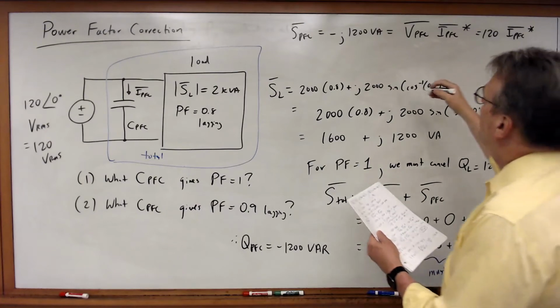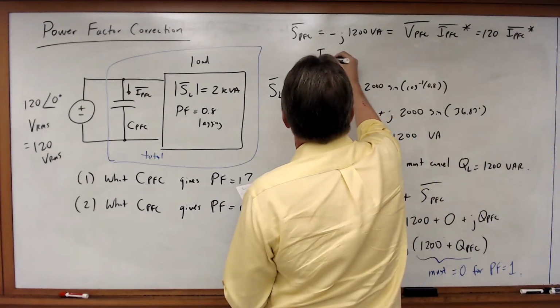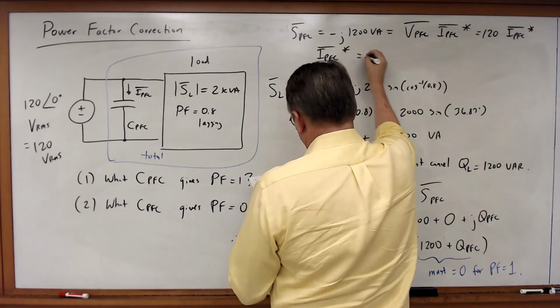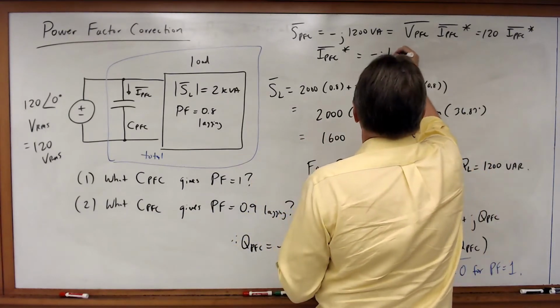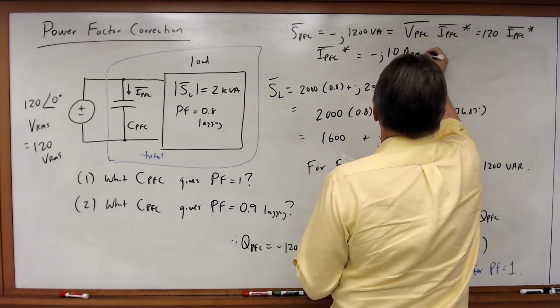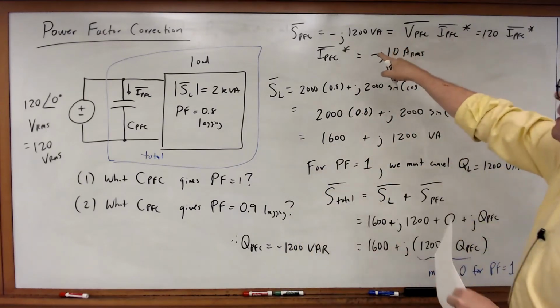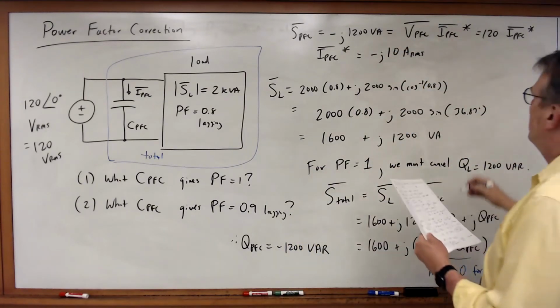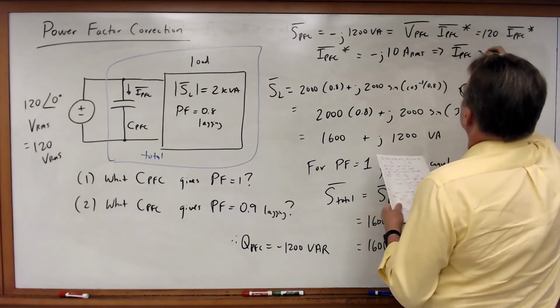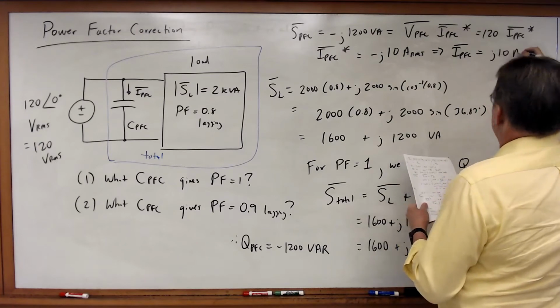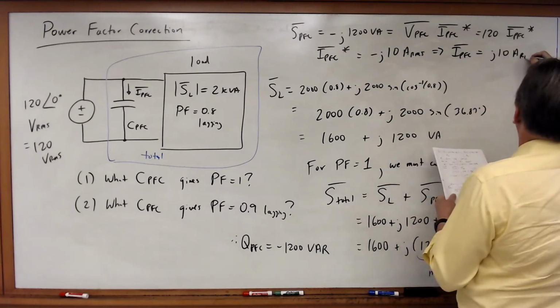So from here, IPFC complex conjugate must be equal to minus 10 amps RMS, easily calculated from this equation, and therefore IPFC must be equal to J 10 amps RMS.